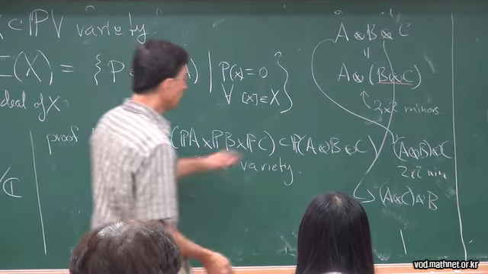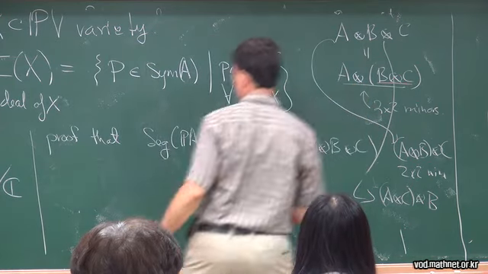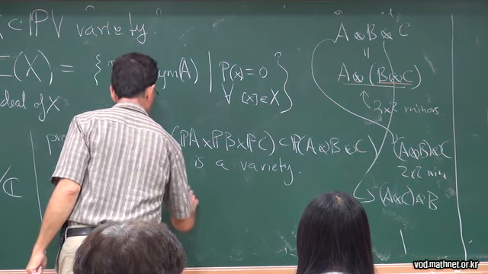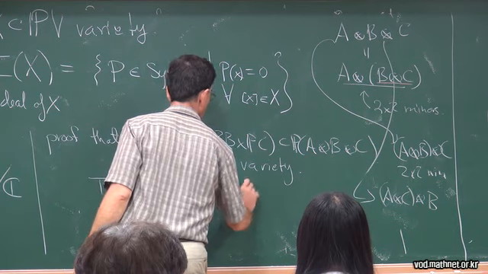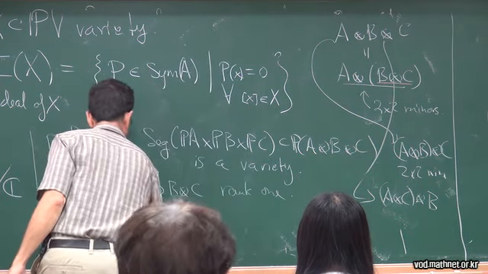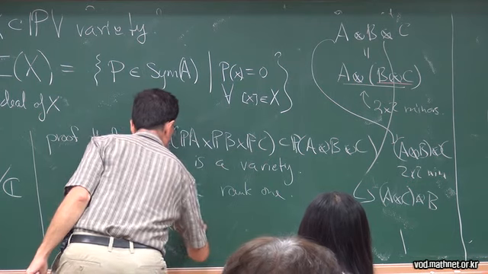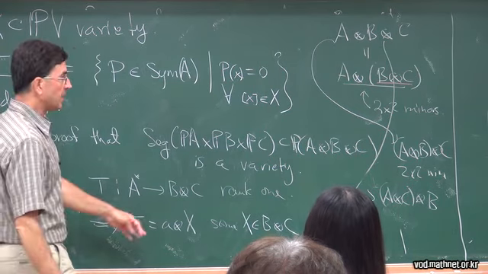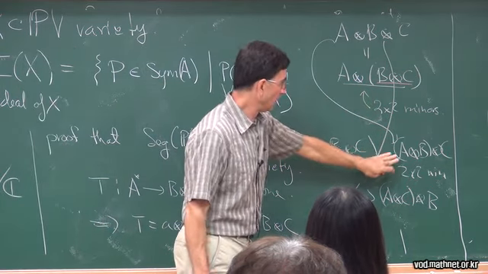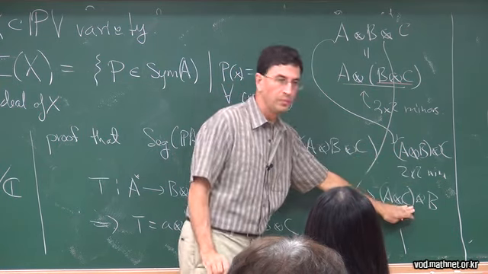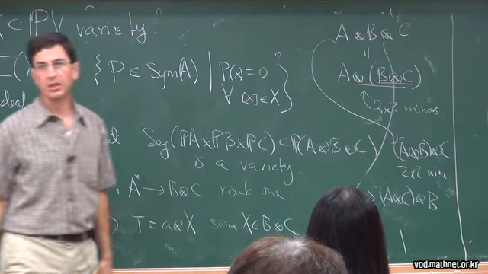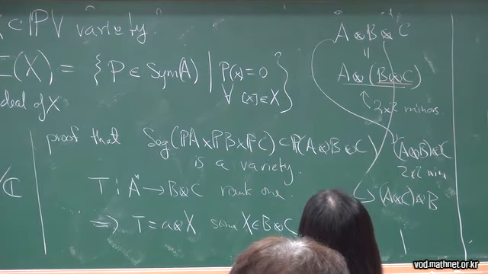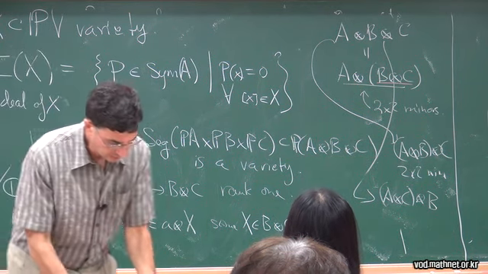Well, if this linear map, so I have T, a linear map from A star to B tensor C, is rank 1, that says that T is equal to A tensor X, for some X in B tensor C. And similarly here, it'll be some little c tensor some y, here's some little b tensor some z, and then there's just a little bit of bookkeeping that you get a rank 1 tensor. So I leave the rest of the proof as an exercise.